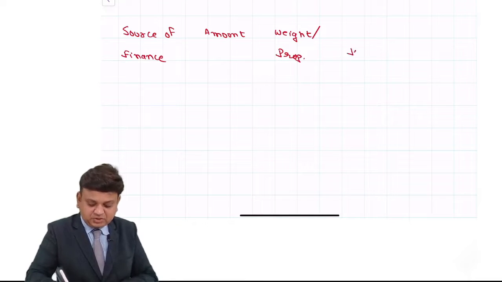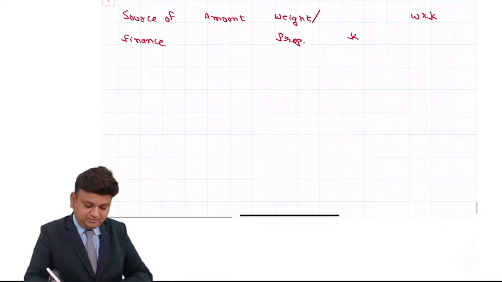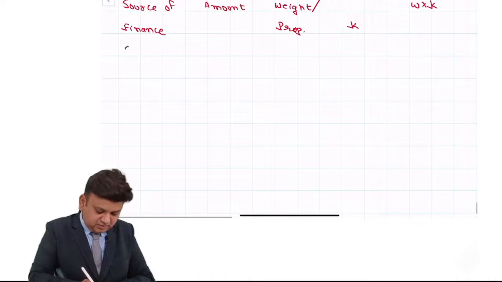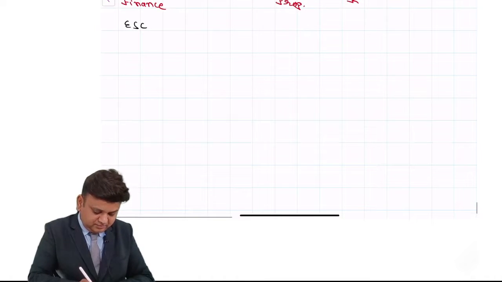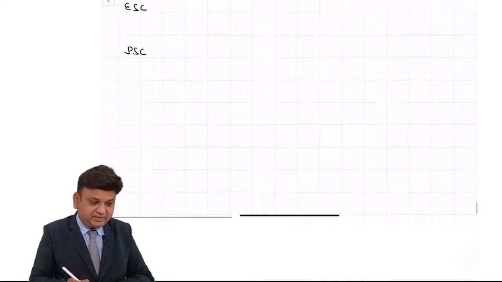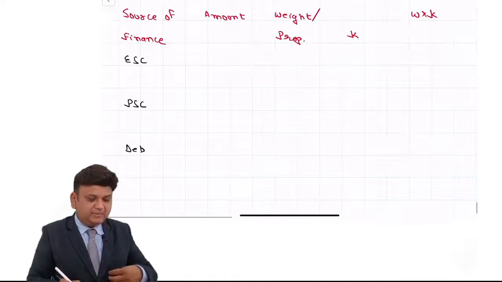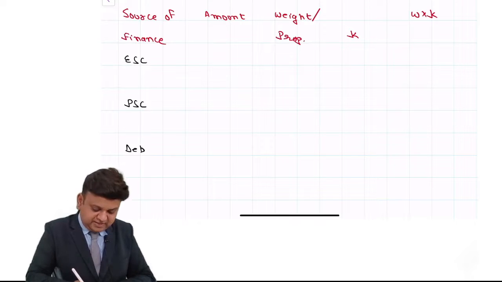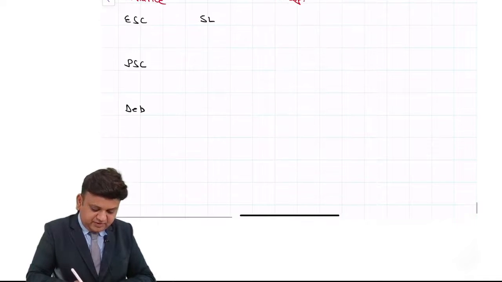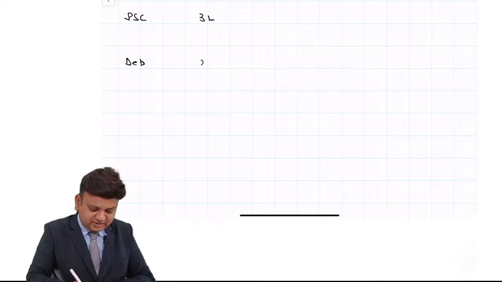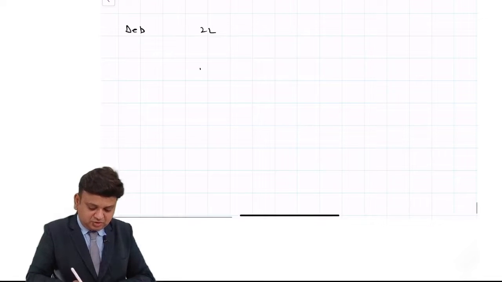Next column is cost. And the last column is weight into cost. In source of finance we will have equity share capital, preference share capital and debentures. Amount of the equity share capital is 5 lakhs, preference share capital is 3 lakhs and debentures is 2 lakhs. So the total is 10 lakhs.